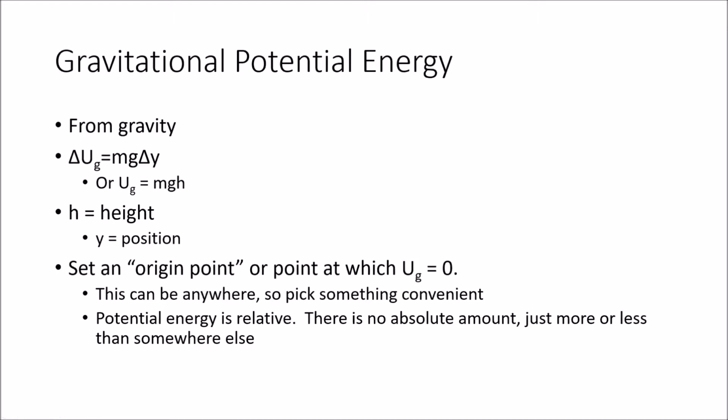Gravitational potential does not have some absolute amount generally. It's just if you move something around, it might have more or less than it does at other places. In effect, this means that we need to just set somewhere for y to equal 0, or height to equal 0, and then we'll just say the gravitational potential energy at that point is 0. At that height, whatever we define to be 0, gravitational potential will be 0 there.